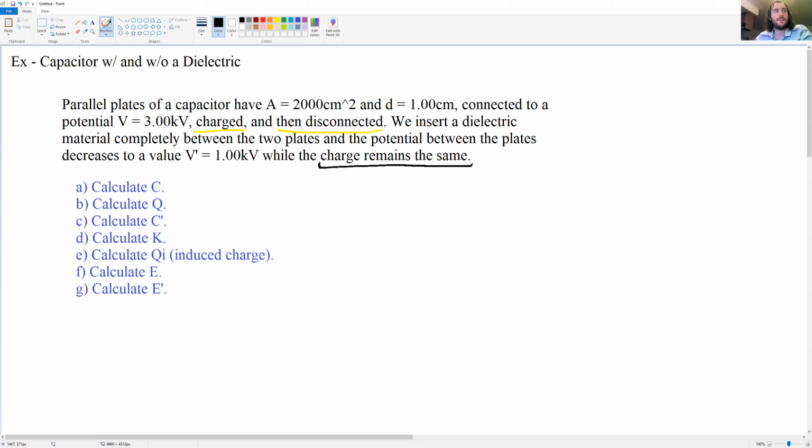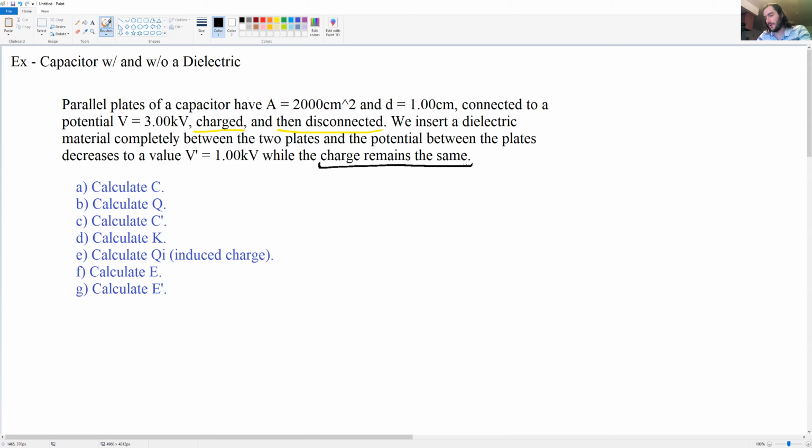Then we'll calculate what I call kappa in lecture; in the book, they use capital K. That's the dielectric constant. Then we'll calculate Qi, the induced charge on the surface of the dielectric. Finally, we'll calculate the electric field in vacuum, when there's no dielectric material between the plates, and then the electric field when there is a dielectric.